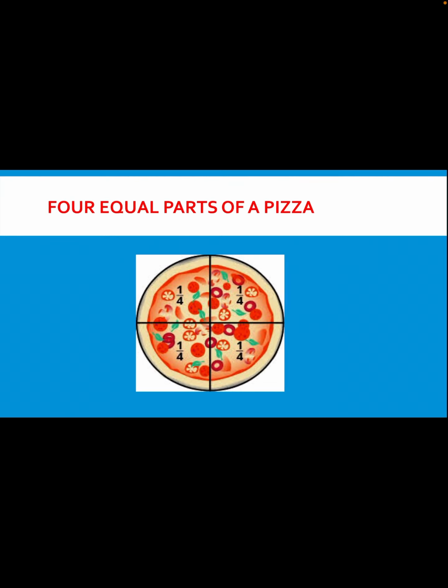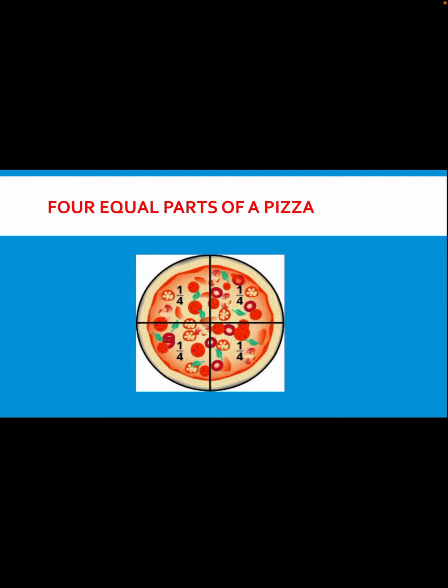Now here you can see a figure, it is a pizza, and every child likes to eat pizza. But if your mummy makes pizza at home, that pizza is much healthier than the one you buy from the shop. So I suggest that when your mummy makes pizza at home, you can take it, because your mummy will make it very healthy. Now this pizza is equally divided into 4 equal parts.